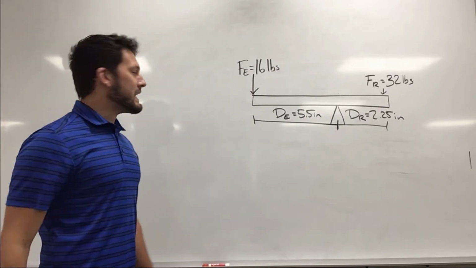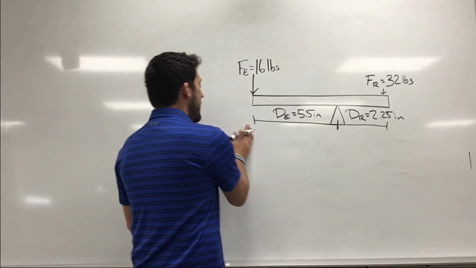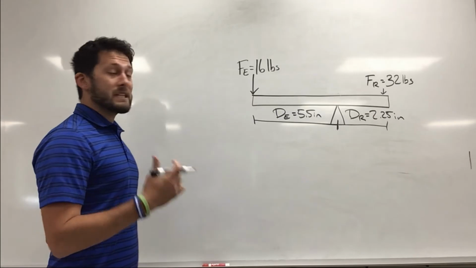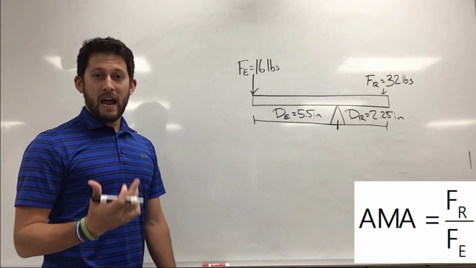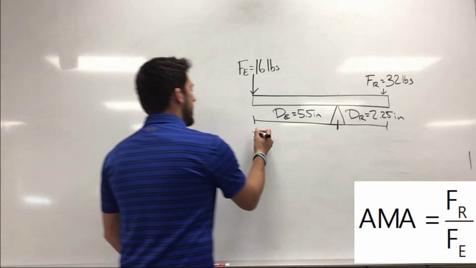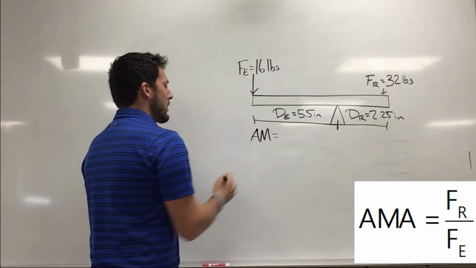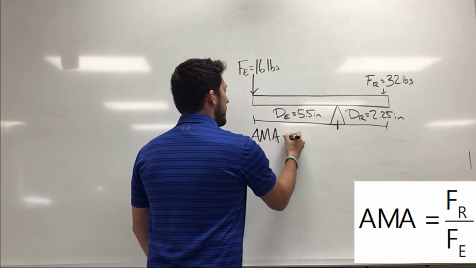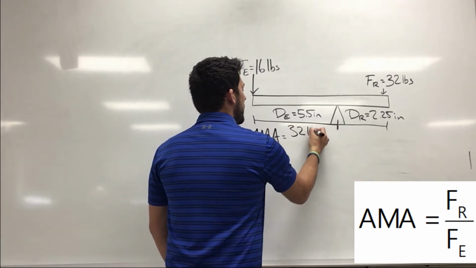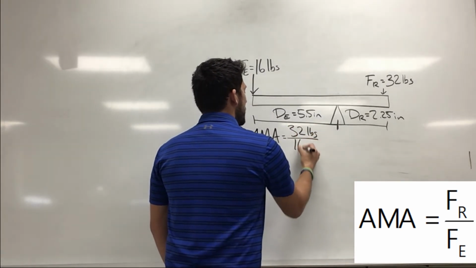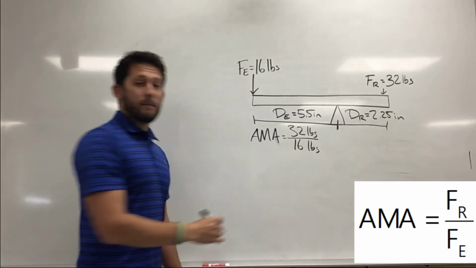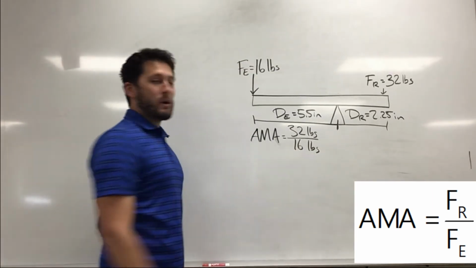So let's start with the AMA. And again, that's a pretty easy calculation since we know that the AMA is the resistance force divided by the effort force. So let's take AMA, and we know the equation is equal to 32 pounds over 16 pounds. Notice that I'm including my units every time I put a number down.